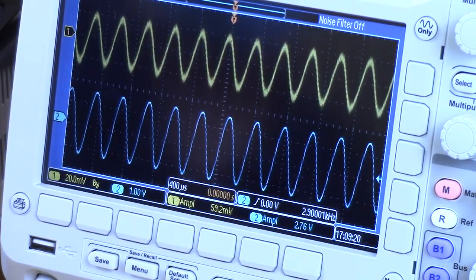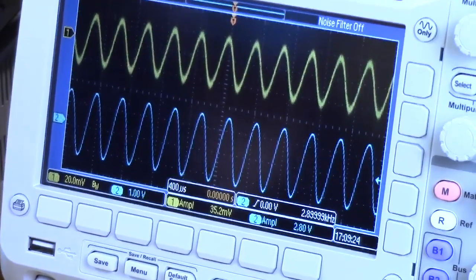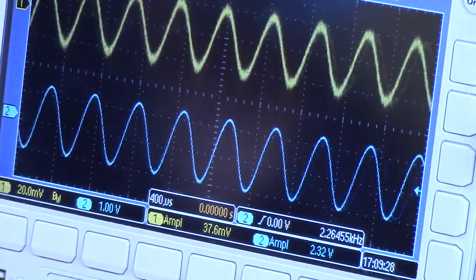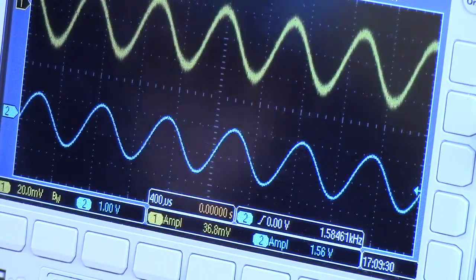So let's see if we can see at what frequency that's going to start to level off. Pole frequency due to CE is 2.9. What we're looking for is this to come down and then stop coming down for a while.